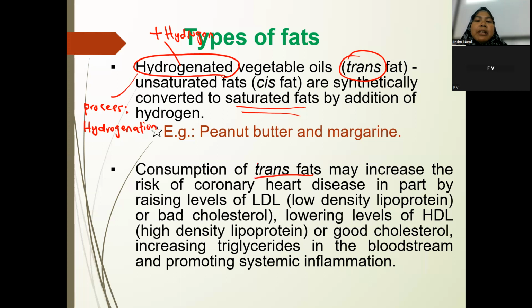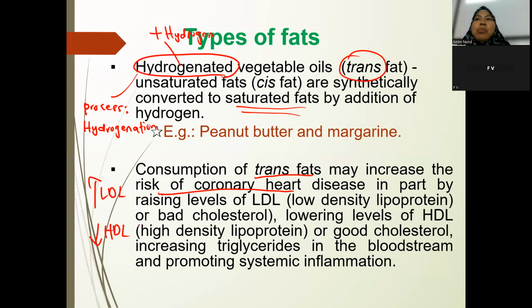So, consumption of trans fat. Ingat, apabila kita banyak sangat mengambil trans fat, maksudnya lemak-lemak yang telah ditukar daripada unsaturated kepada saturated, it can increase the risk of coronary heart disease. Meningkatkan risiko untuk penyakit jantung. Kenapa? Because consumption of trans fat increases LDL and decreases HDL. LDL tu apa dia?